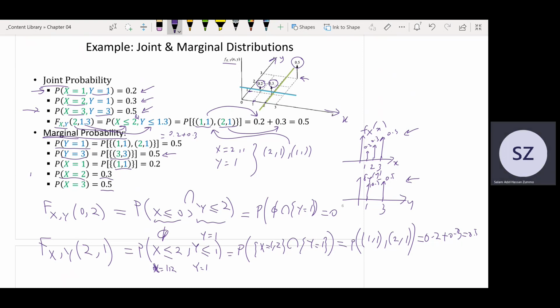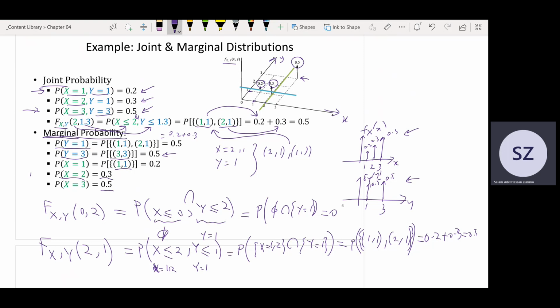Now we found the corresponding ordered pairs, so let's call it a set. This is the set of these two ordered pairs. Now this is the probability of a set. What is the probability of a set? It is the sum of the probabilities of every item.